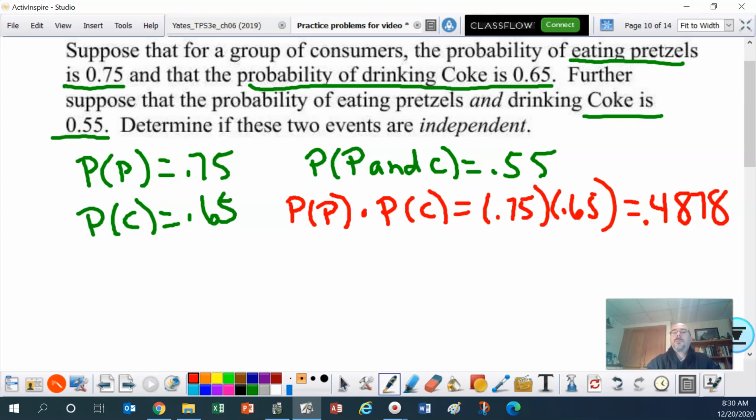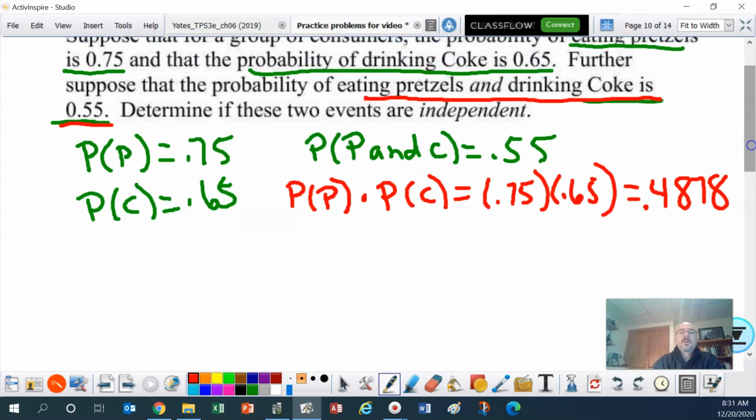Okay, well, let's think about this, folks. They say right here, the probability of eating pretzels and drinking Diet Coke is 0.55. But I just multiplied those together and I got 0.4878. So you know what's coming, right?